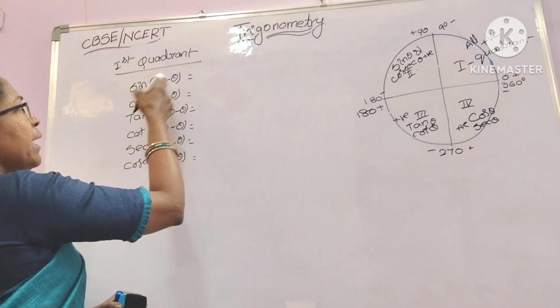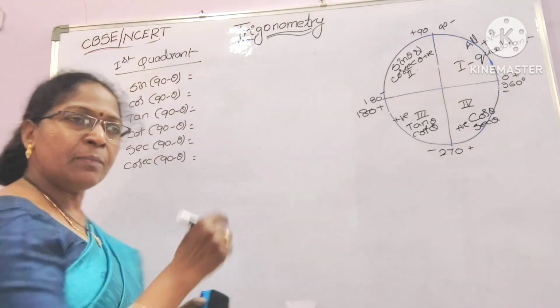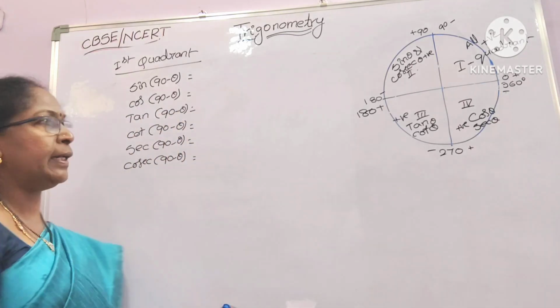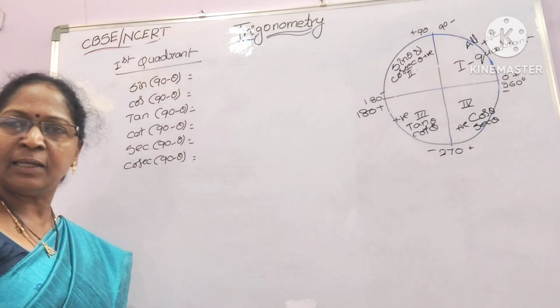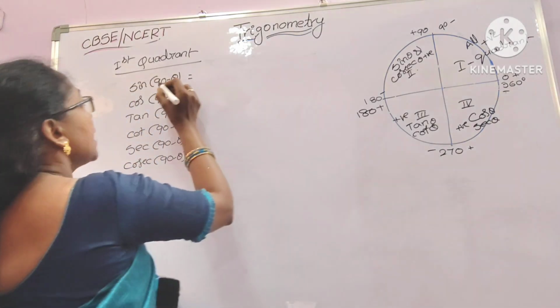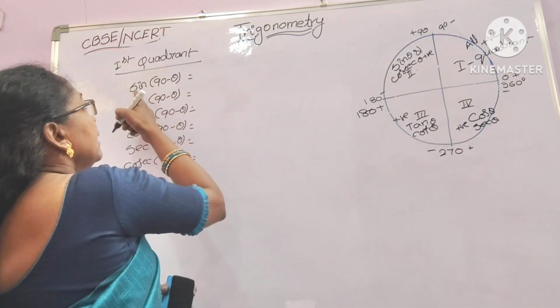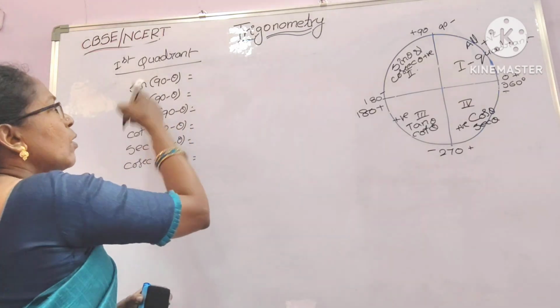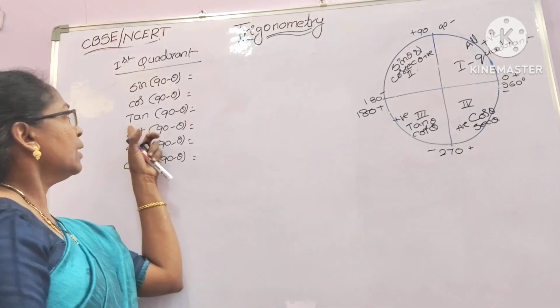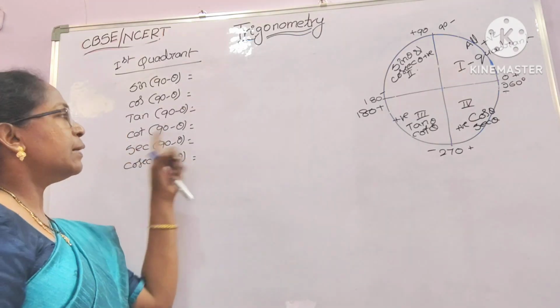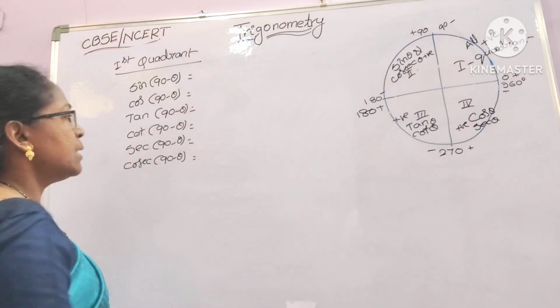And here sin 90 minus theta. First you have to find out which quadrant this comes under. 90 minus is nothing but the first quadrant. Whenever 90 comes, sine becomes cos and cos becomes sine, tan becomes cot and cot becomes tan, secant becomes cosecant and cosecant becomes secant.